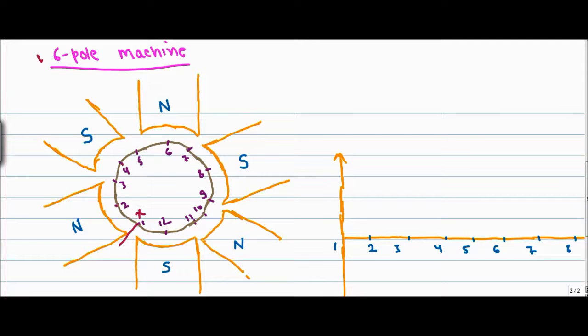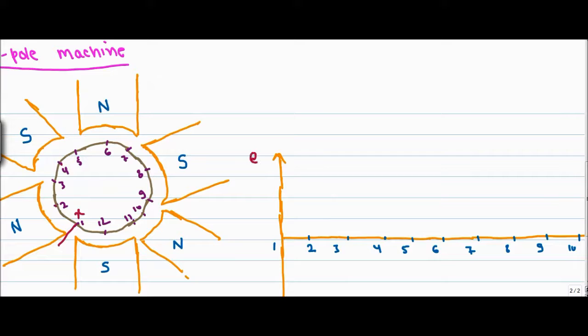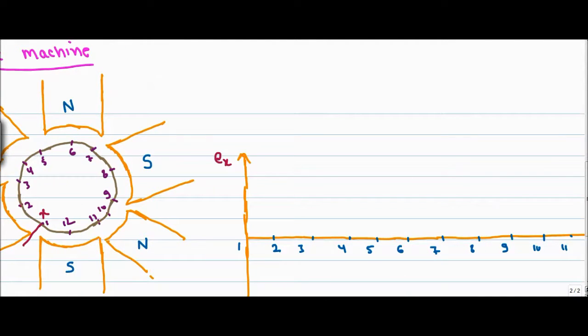So let us draw the waveform of the conductor X. We have seen that point 1 has 0 induced EMF, and point 2, under the influence of the north pole, has a maximum induced EMF. At 3 it is 0, at 4 it is maximum but negative, at 5 it is 0, at 6 it is maximum negative, at 7 it is 0.